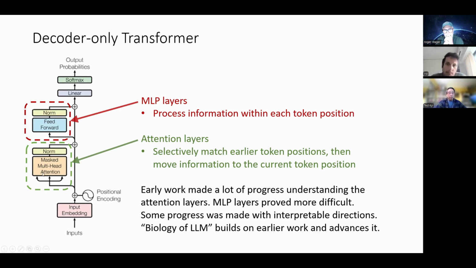On the bottom, you have the attention layer, and then above that, you have the feed forward layer. And what we're going to discuss is that these attention layers, their job is to have certain things that they're looking for and selectively match to earlier token positions. And they then move information to the current token position.